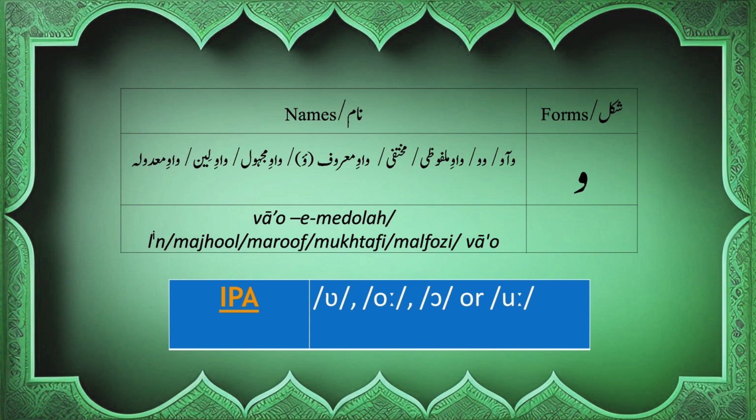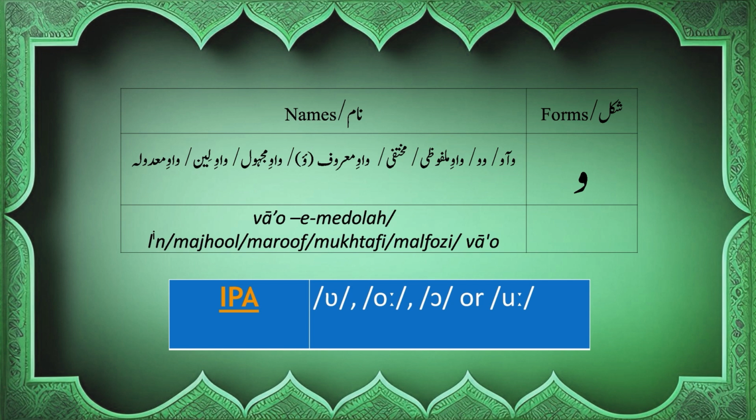So you can see here in the first column the forms of vav, and you are observing that vav has only one form. That means it falls in the category of non-connectors. We have two types of alphabets in Urdu Arabic. One type is connectors. They connect with each other and turn into different shapes.